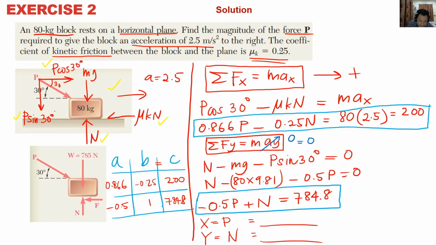0.866, minus 0.25, 200, minus 0.5, 1, 784.8. You're going to get a value of 534.7 Newton. This is the answer.